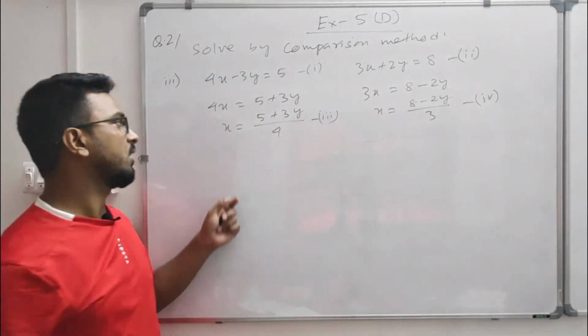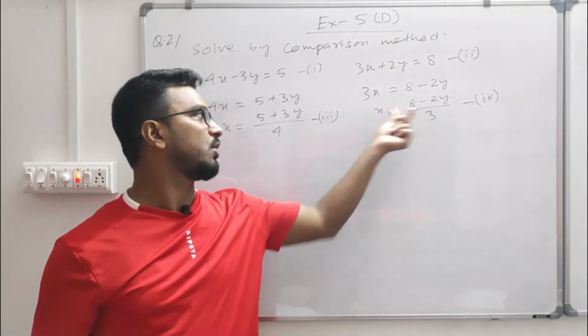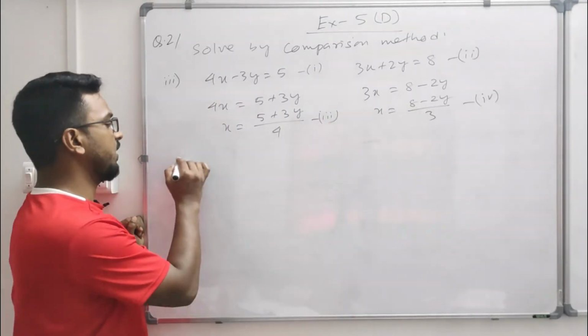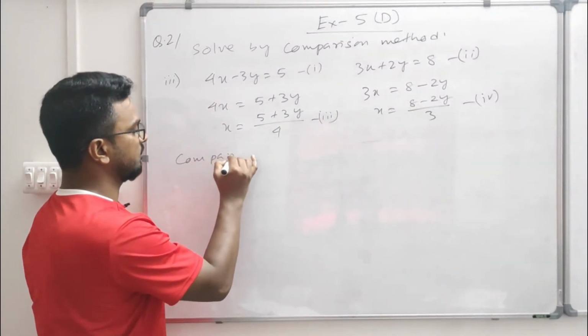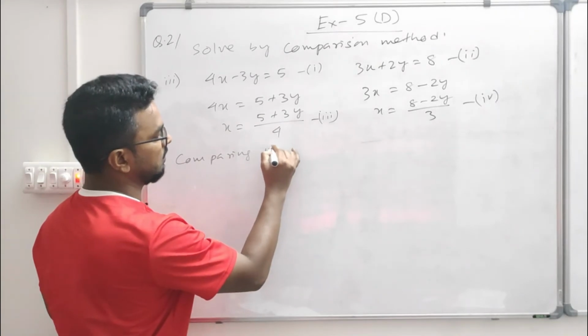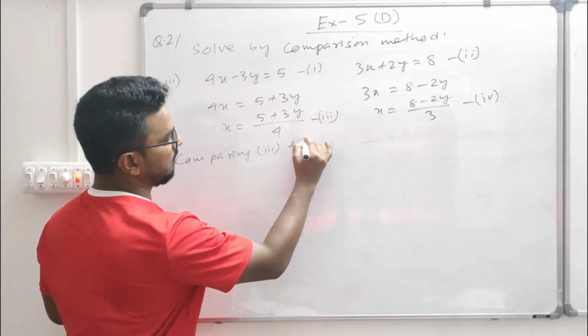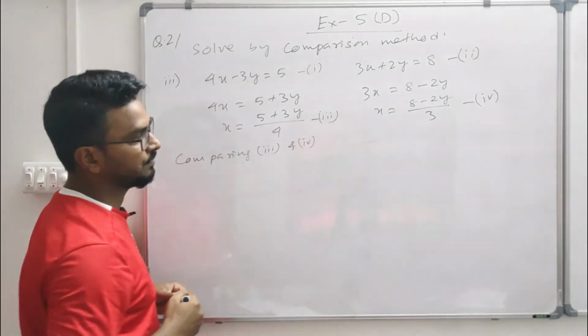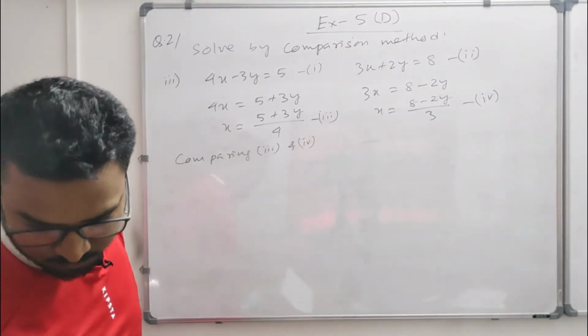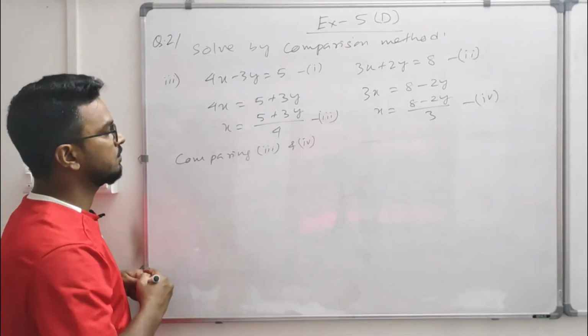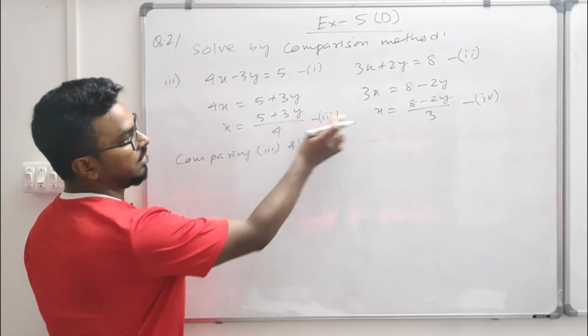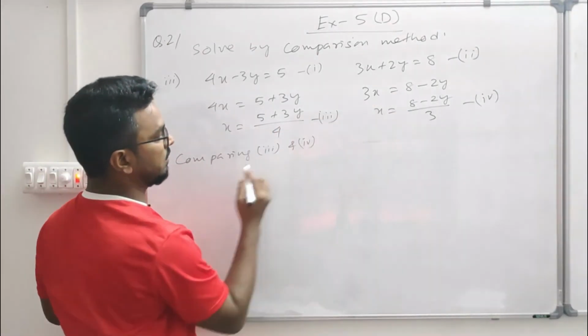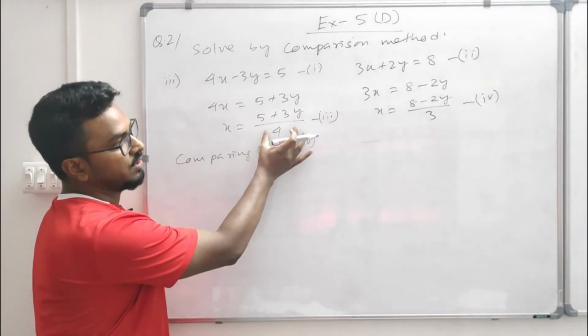Now what you will do? The value of x, you just compare it. So comparing equations 3 and 4. The value of x is this one and here the value of x is there. So now we will compare equation number 3 and 4.